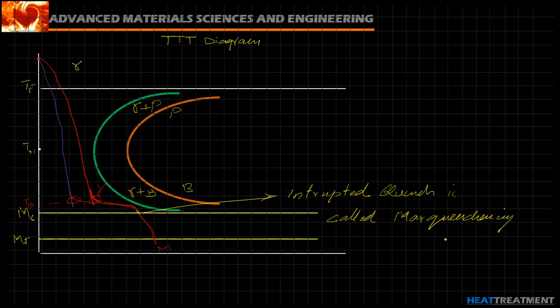And instead of calling it Mar tempering, it is better to call this Mar quenching, because the same phenomenon we are actually quenching, and further quenching beyond the start of the martensite there is an interruption, and this interrupted quenching is called Mar quenching.